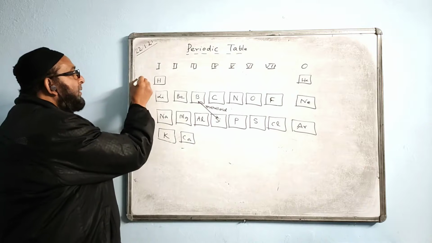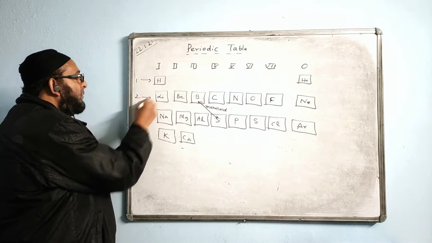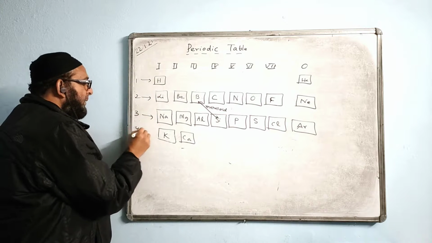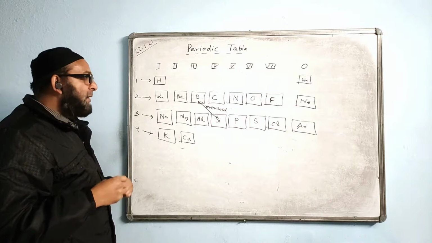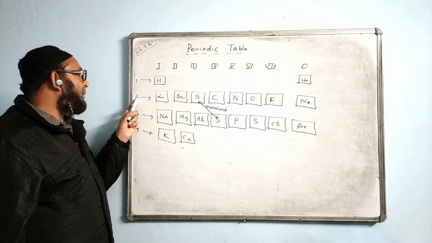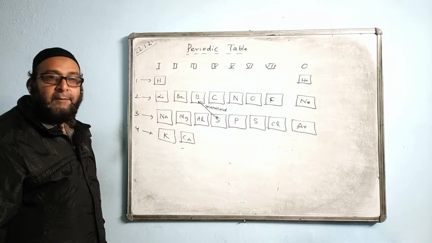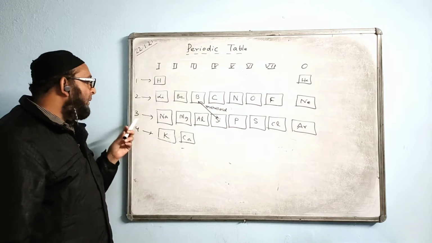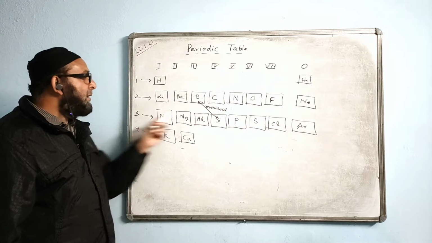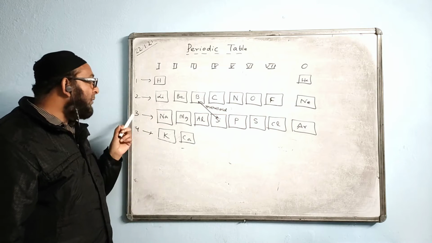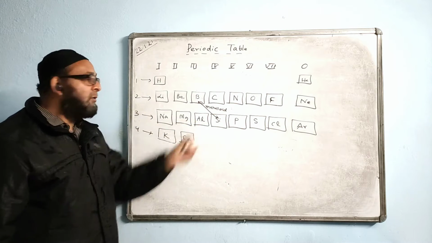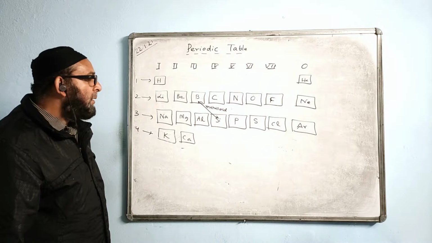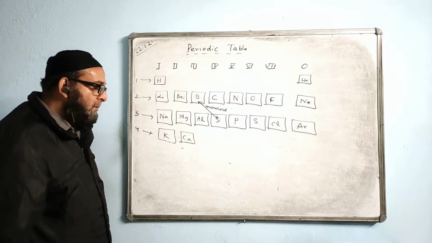This is period 1, this is period 2, period 3, period 4. The answer is boron. Name the semiconductor of period 2: carbon. Name the semiconductor of period 3: silicon. Name the metalloid of period 3: silicon. That's the answer. Yes?